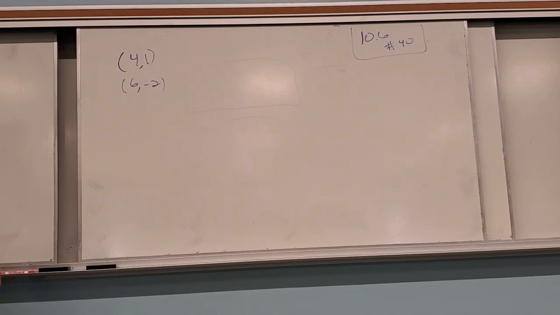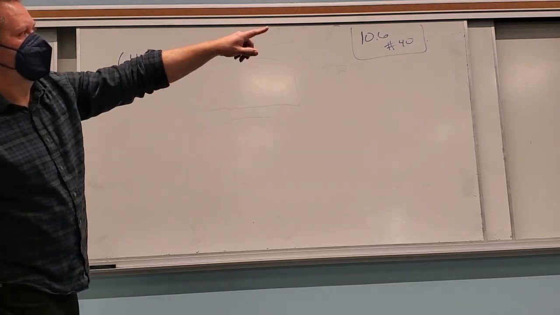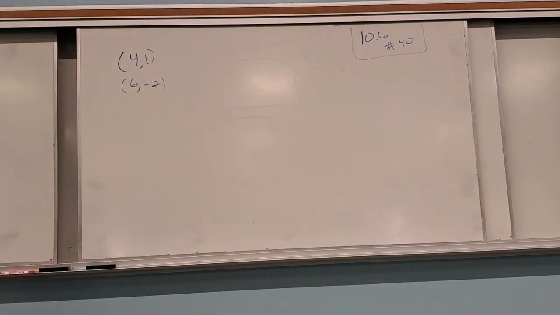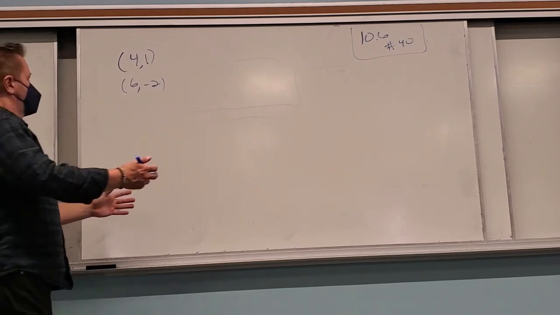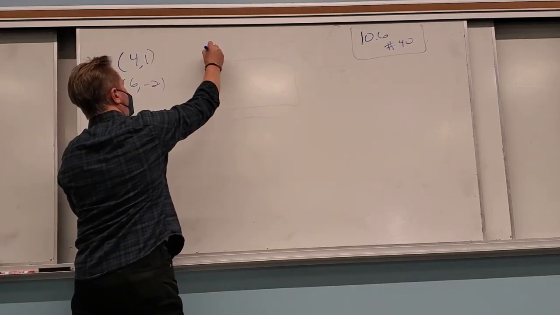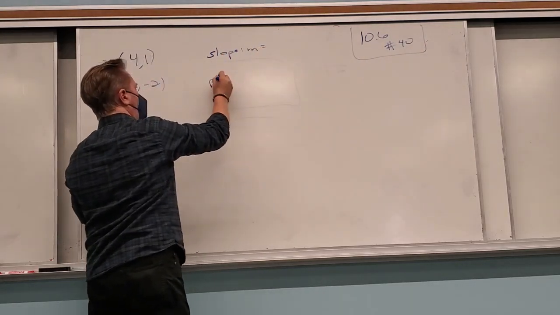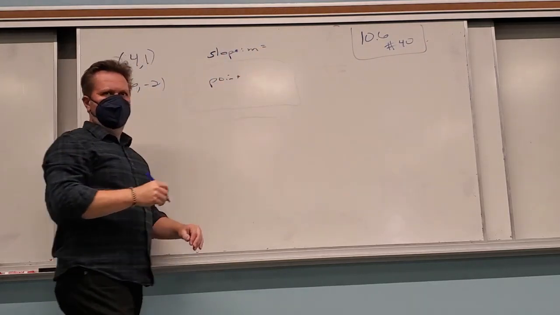Is that a negative? -2, yeah, right. 4, 1, 6, -2. Is that y2 minus y1? Sure. What do you need to get the equation of a line? You need the slope, right? And you need a point, right?